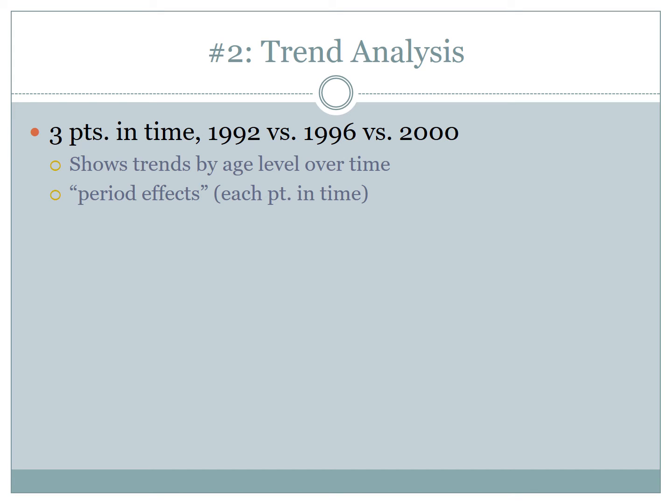Now, a trend analysis is taking a look at the example you're going to see shortly at 3 different time frames and seeing what trends you might be able to pick up over the data. Each year we're talking about here would be called a period effect, meaning a point in time.